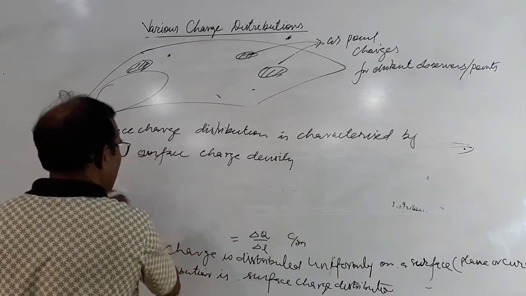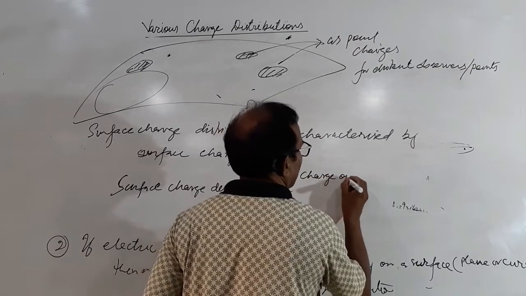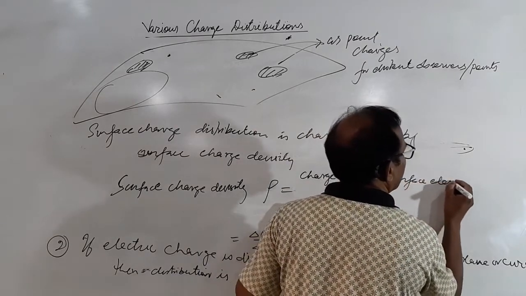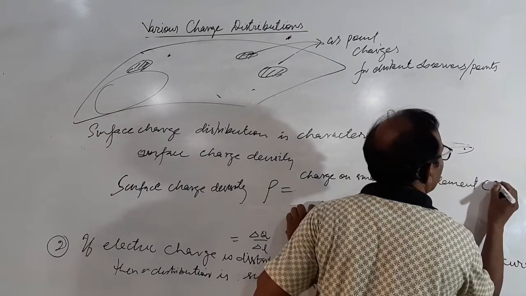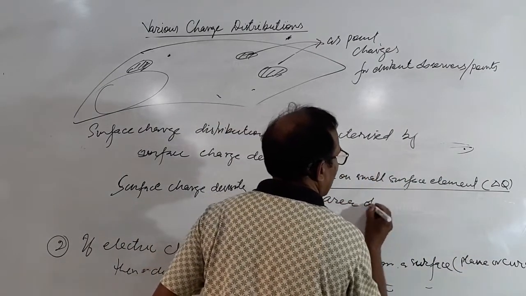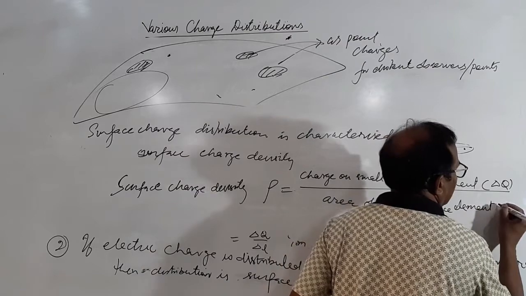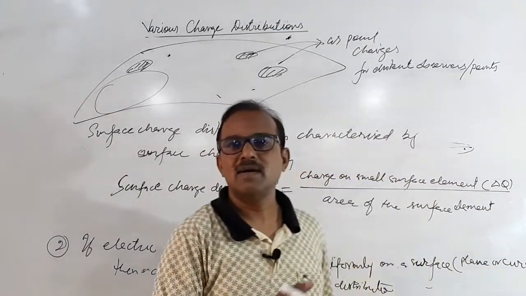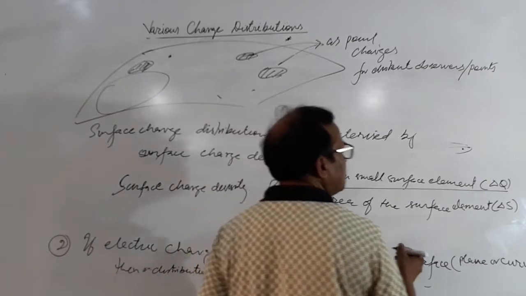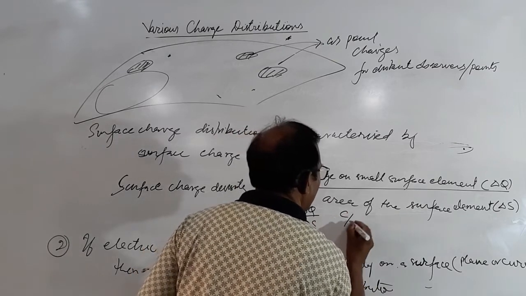Surface charge density, sigma, is the charge on a small surface element, delta Q, divided by the area of that surface element, delta S. So sigma equals delta Q by delta S, and its unit is coulomb per meter square.